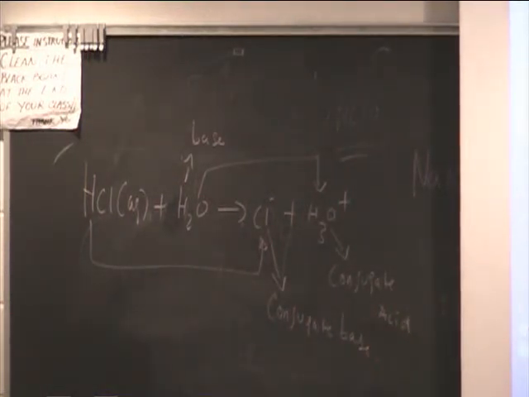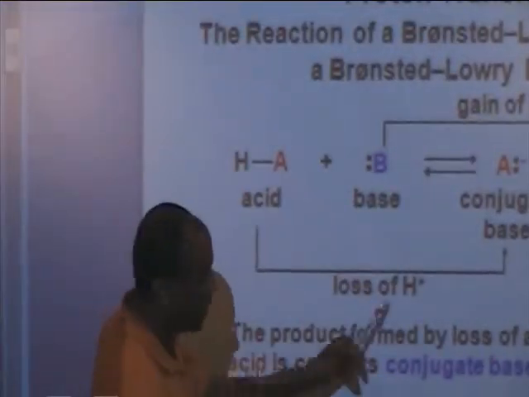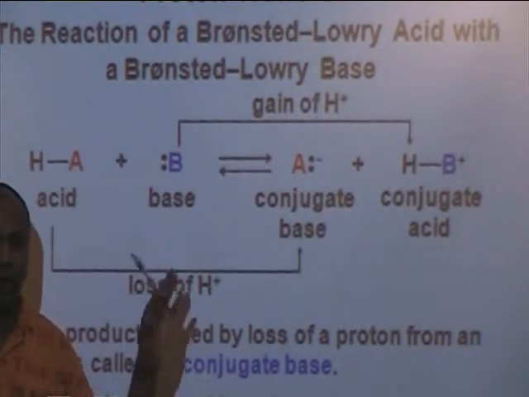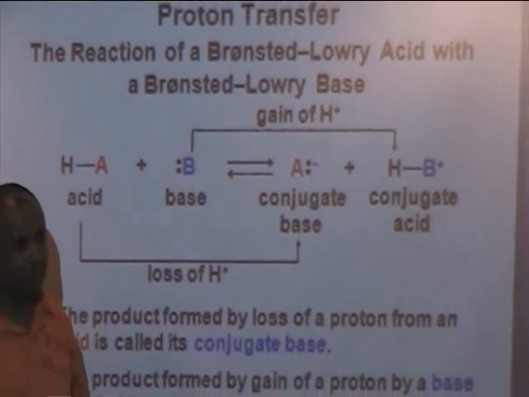When an acid loses a hydrogen ion, the corresponding substance becomes the conjugate base. This is a base. It gains one hydrogen ion from here. The amount of hydrogen lost has to be gained by the second substance to balance that.